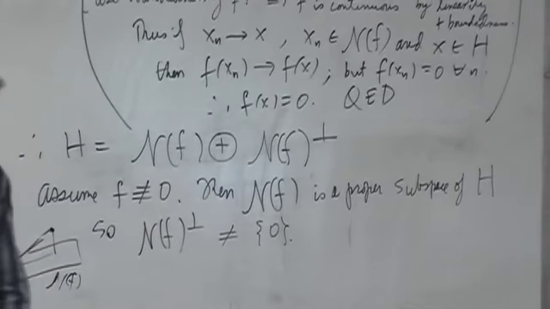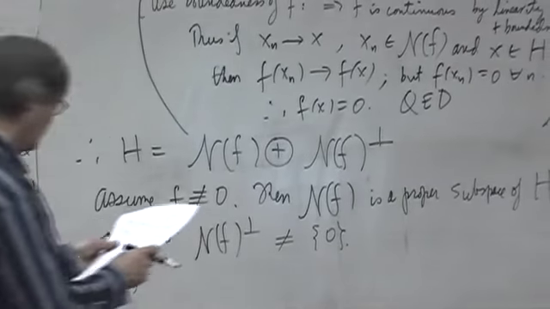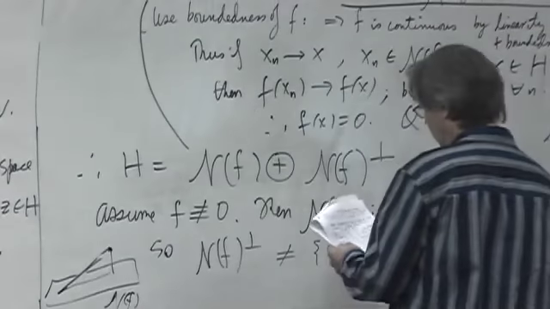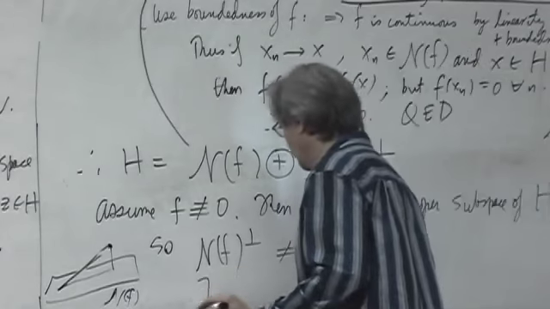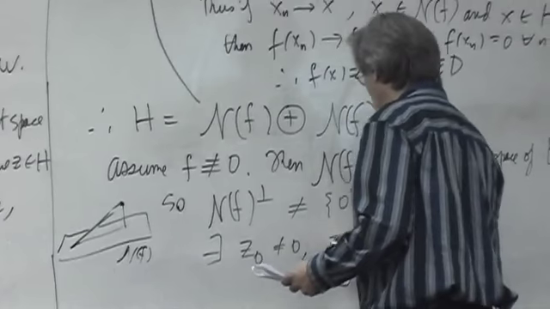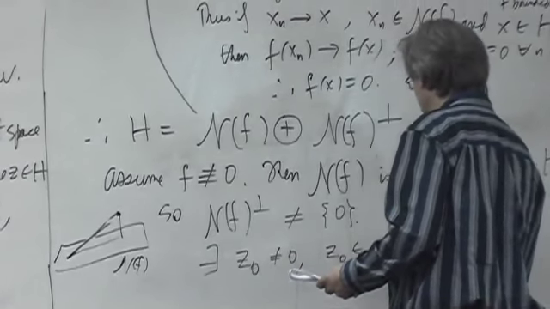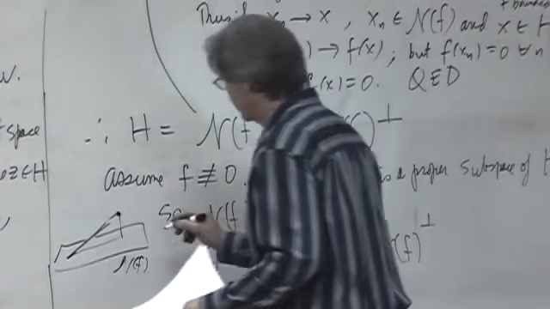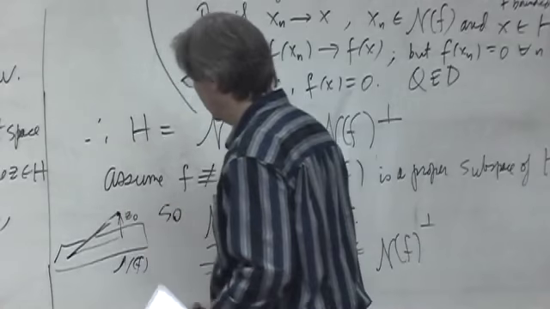Now, let's see what we're going to call it. Let's call the element that doesn't get sent to 0 z naught. There exists z naught unequal to 0, z naught in the orthogonal complement. Here's z naught.